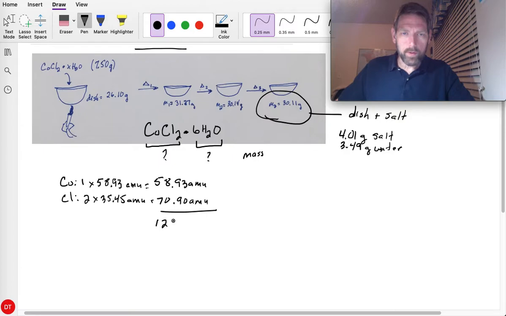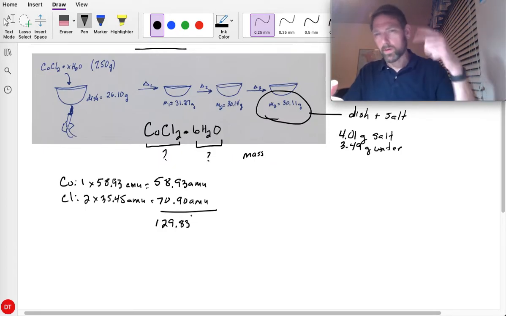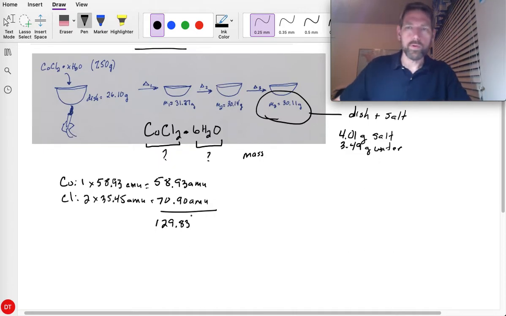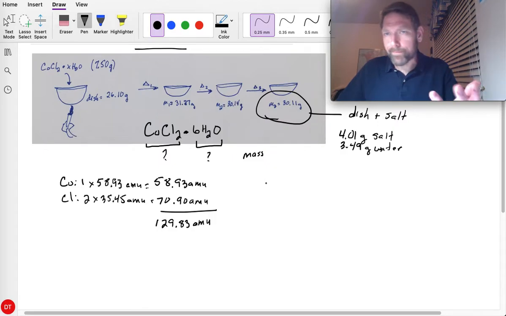In the previous video we figured this out kind of off screen, but since the purpose of this video is to see the entire process of how we're thinking through this, I figured it was important to show you all this. Then let's come over here to water: 16 for oxygen, 1.01 for hydrogen, and there are 2 of those, that's 2.02.